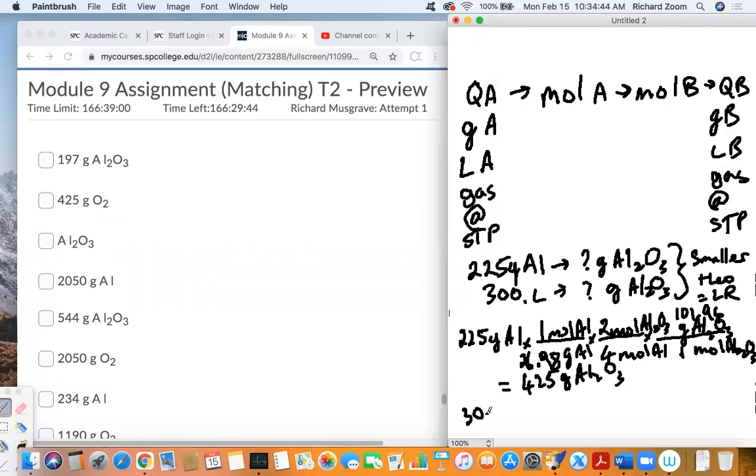And the other one, we start off with 300 liters of O2. We're going to end up with moles of O2 on top here, moles of Al2O3 again, and we're looking for grams of Al2O3. And on the bottom here, liters of O2, moles of O2, and moles of Al2O3.